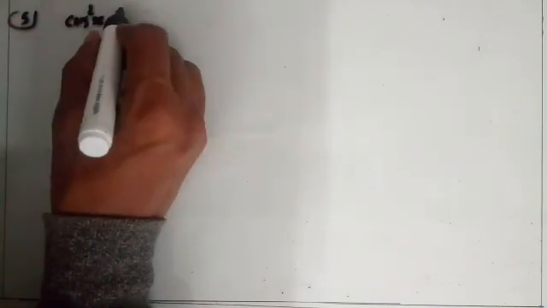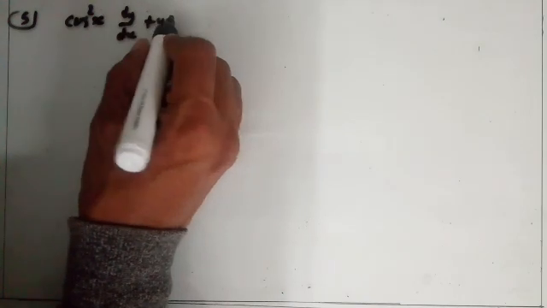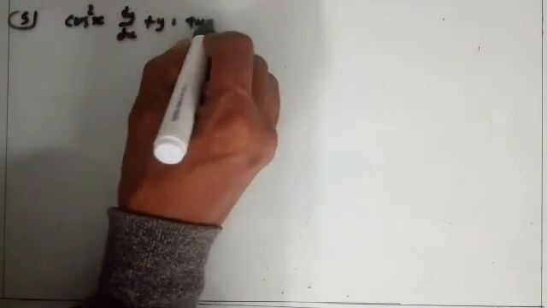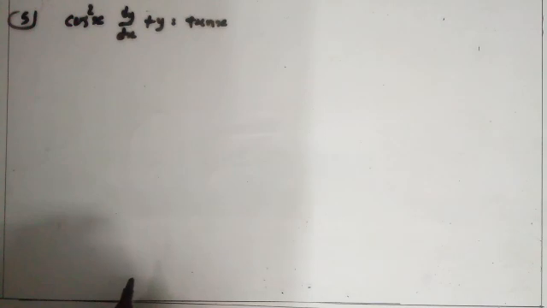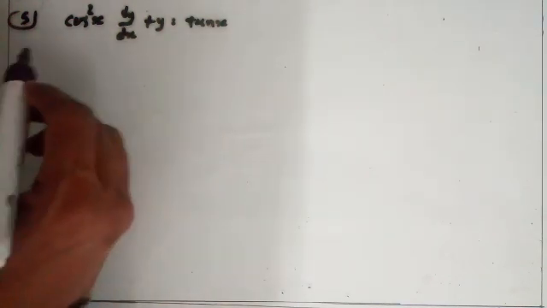Now question number 5. Find the general solution of cos² x dy/dx + y = tan x. Condition given: 0 ≤ x < π/2, that is, x lies in the first quadrant.